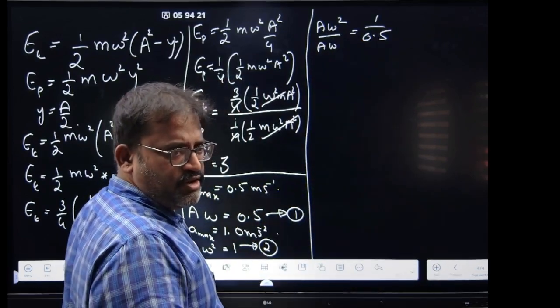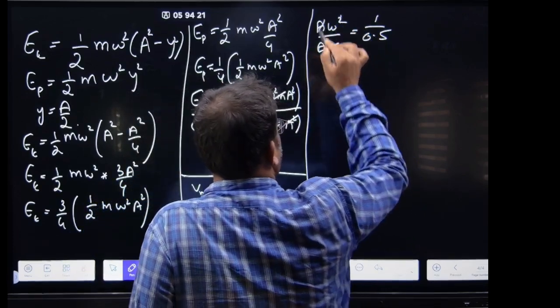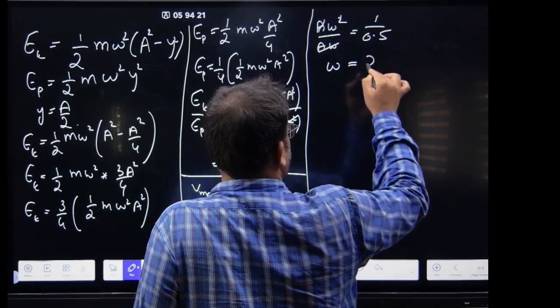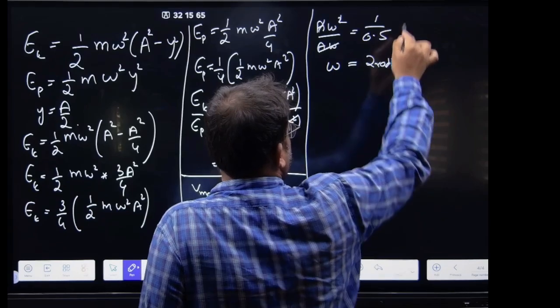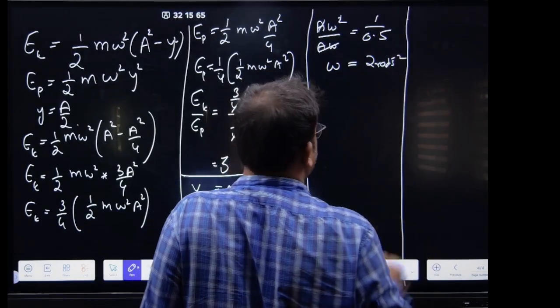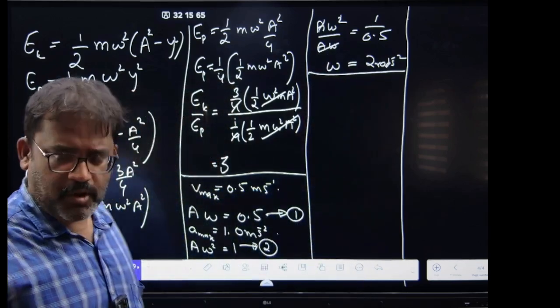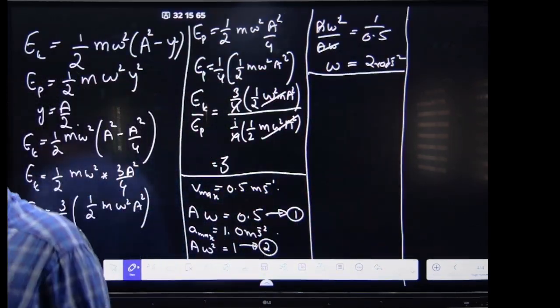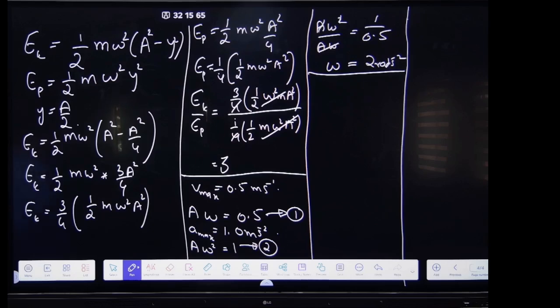So what can I cancel off? A omega can be cancelled off. So omega is equal to 2 radian per second. So the right option is option 1, verified. Correct? Good.